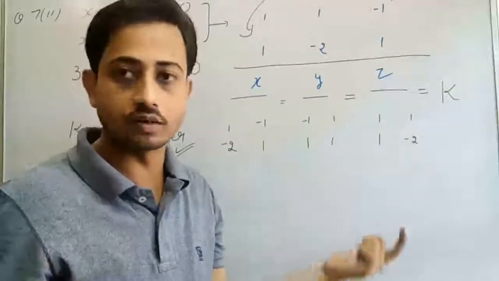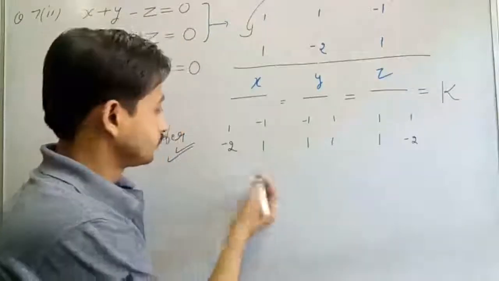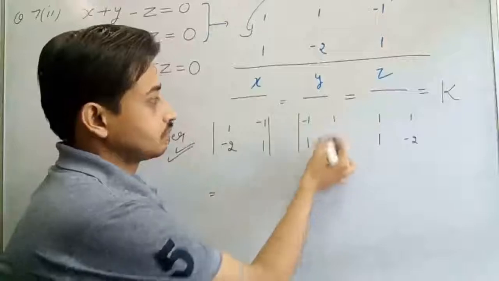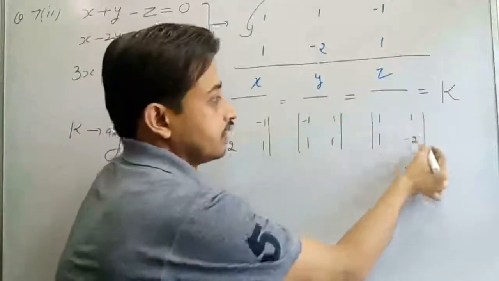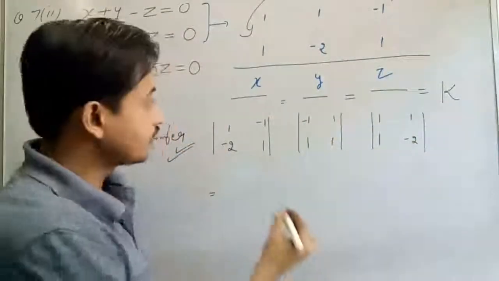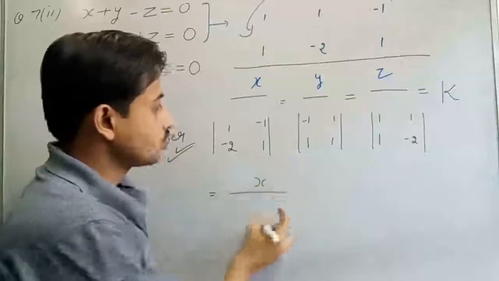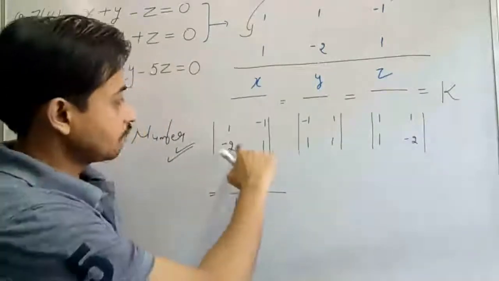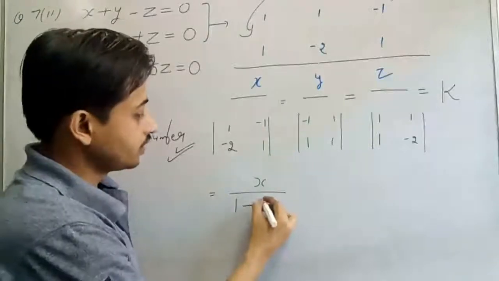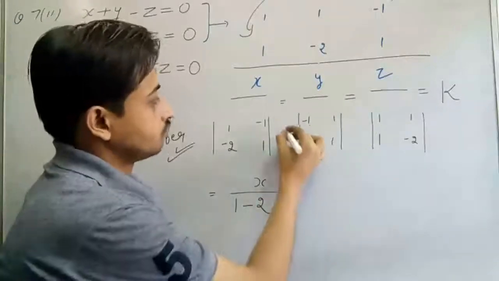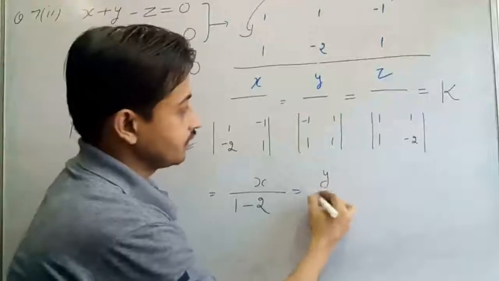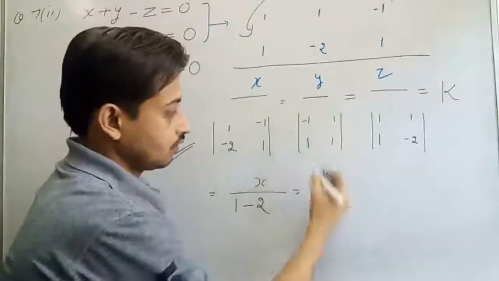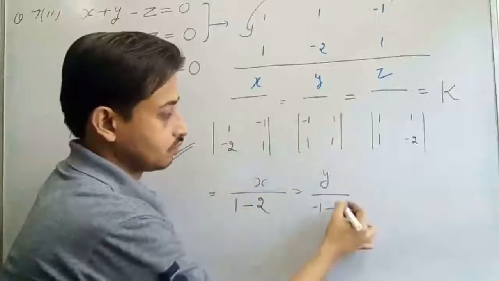It's very easy to find out. Now what do you have to do? Take the determinants. And we already know how we calculate determinants. X is what? 1 into 1, 1 minus 2 into minus 2, we get 2. Same here, minus 1 into 1, minus 1. Minus 1 into 1, 1.